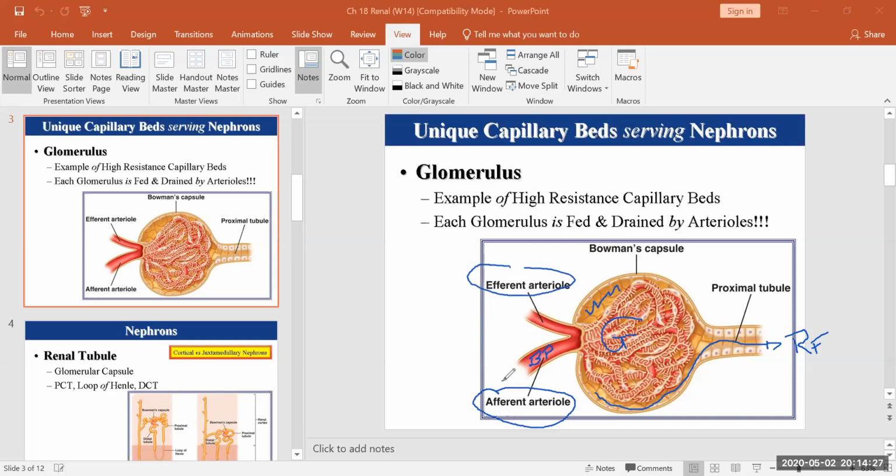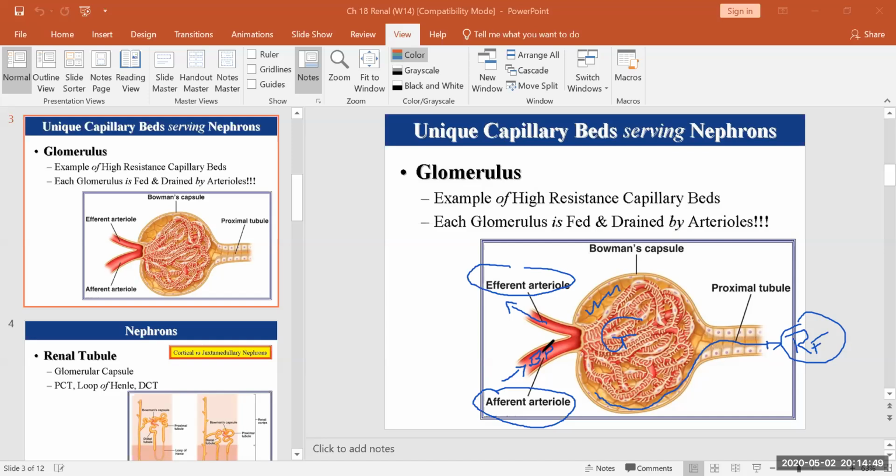So blood goes in to be cleansed and blood comes back out, leaving the glomerulus. And what remains in here is the renal filtrate. So that filtrate was actually the filtered blood plasma.